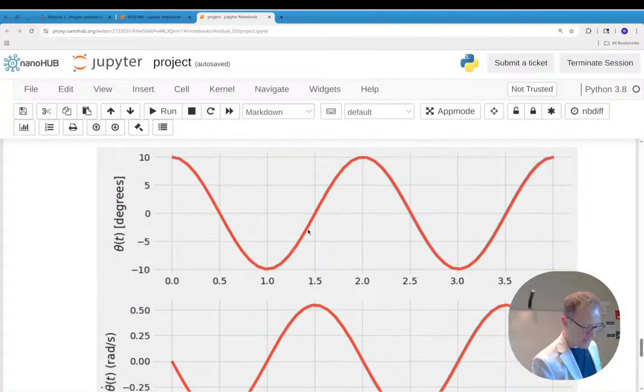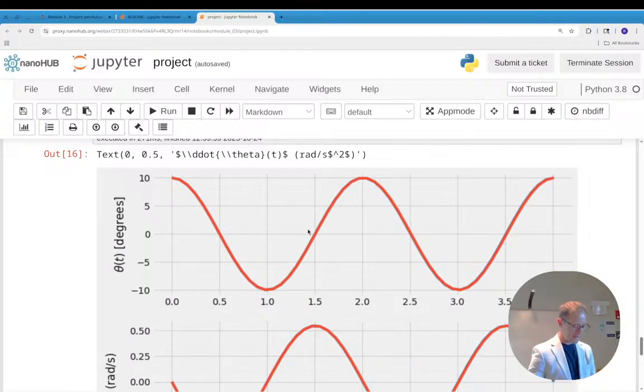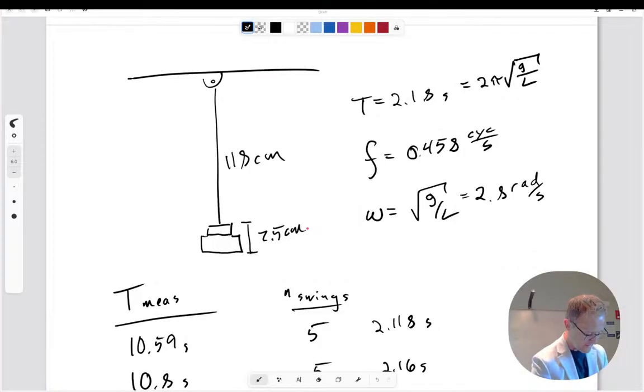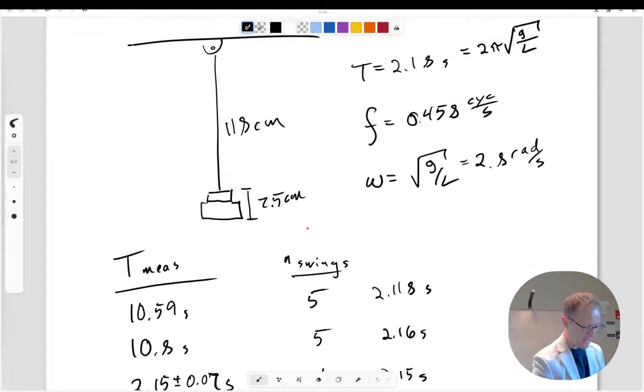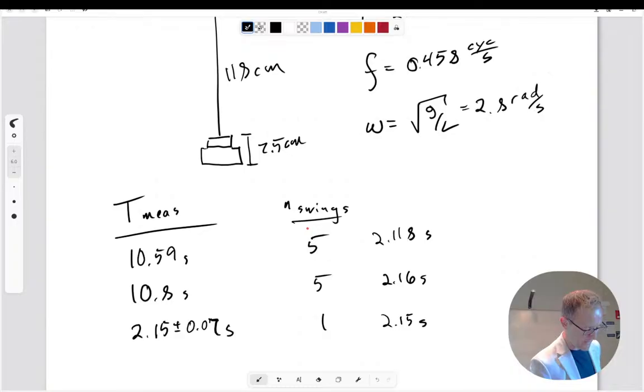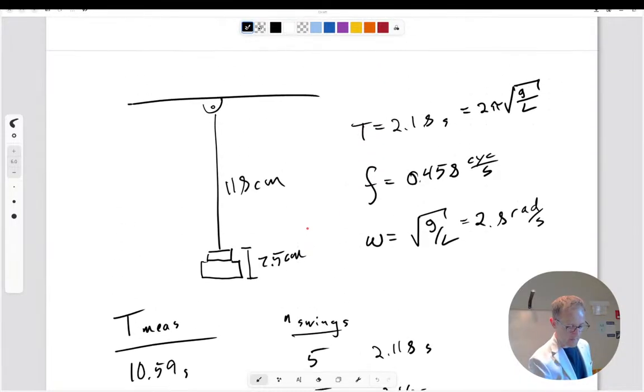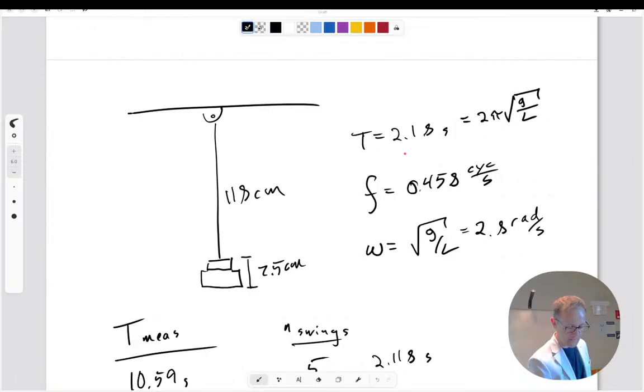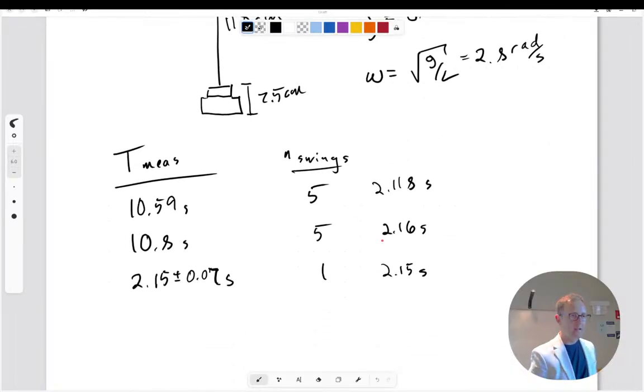Last time, we had our 118 to 125 centimeter chord. Our best guess was that the time period was going to be 2.2 seconds, and we measured it.